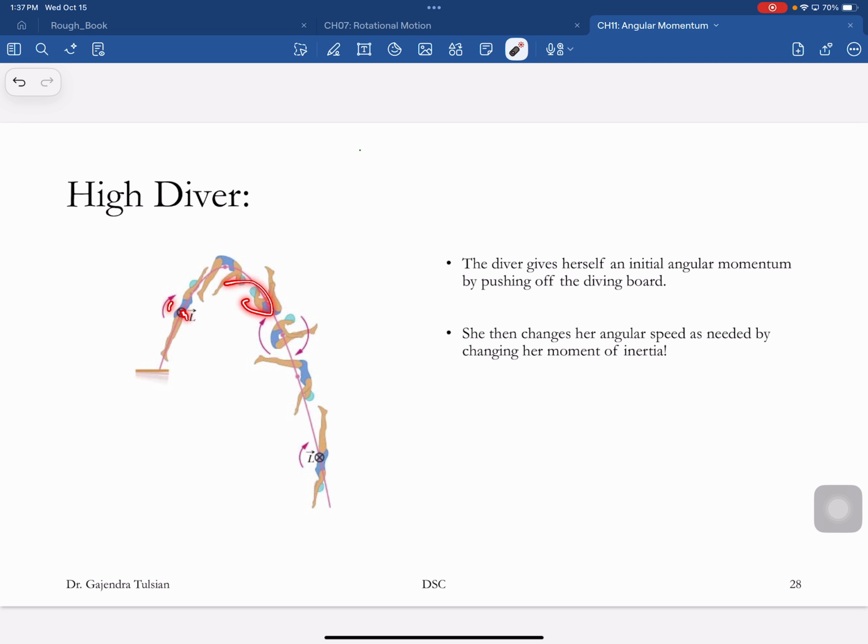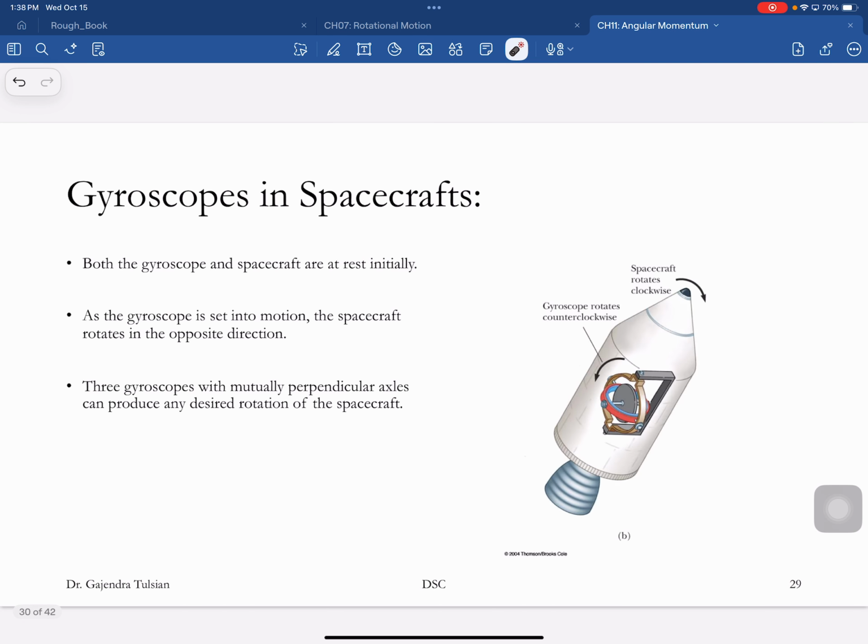If you have to spin 3 times, you scrunch yourself, your moment of inertia is decreased, and you're spinning fast, and so you spin however many times you have to, and then straighten out. So that's what the training is: how long are you crunched up, maintaining that, spinning and counting and making sure that you go straight in the water and not hurt yourself.